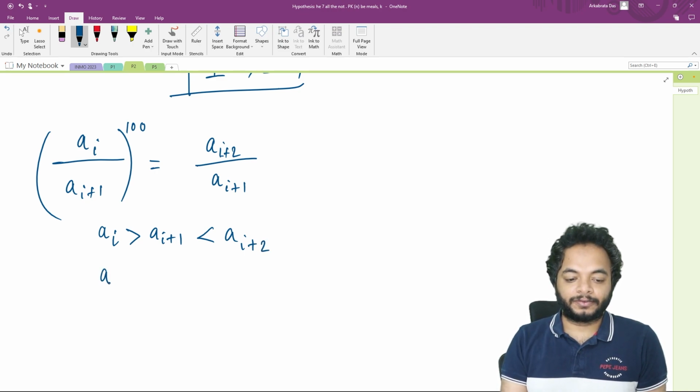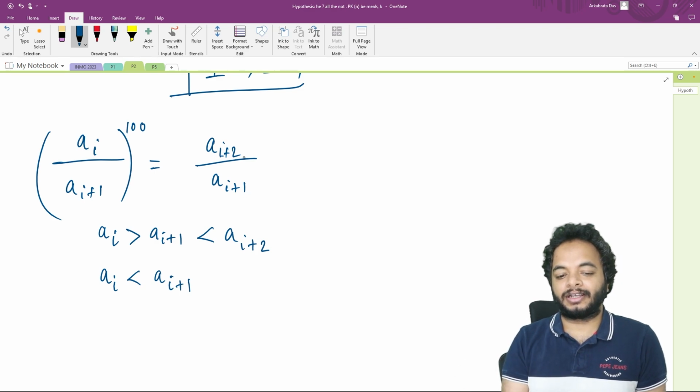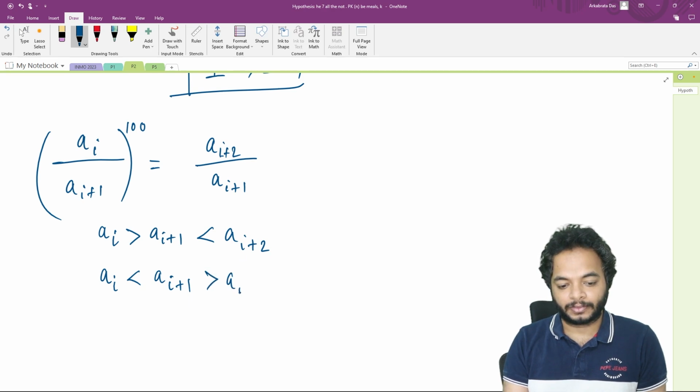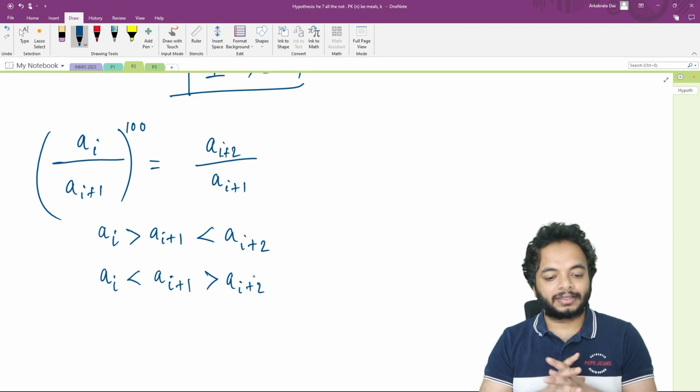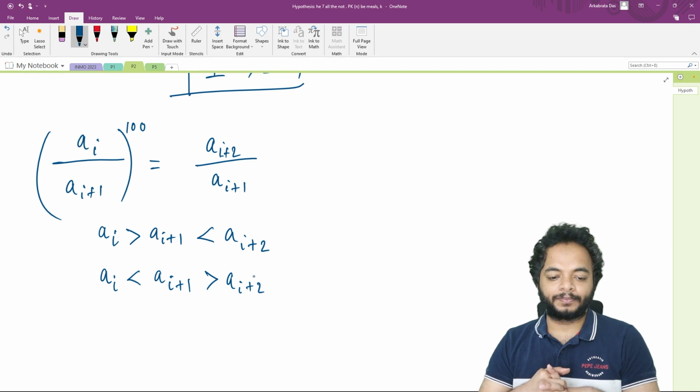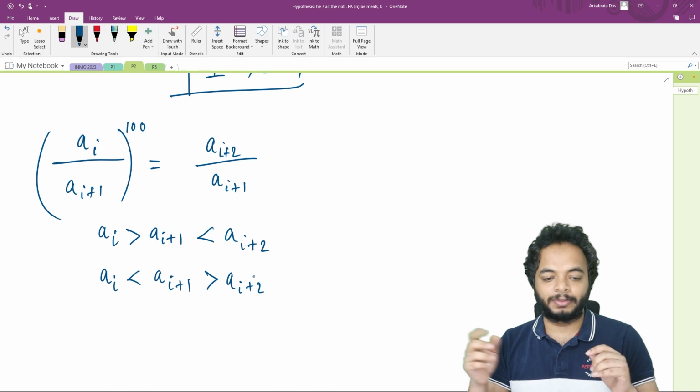And if the opposite happens, that is if Ai is strictly lesser than Ai plus 1, then since the ratio has to be less than 1, Ai plus 1 has to be greater than Ai plus 2.